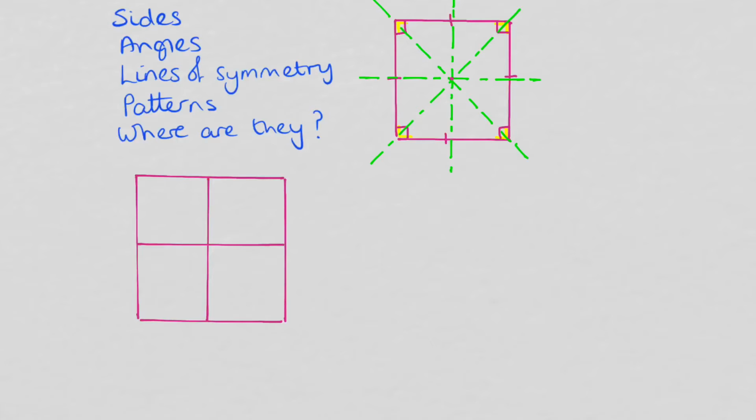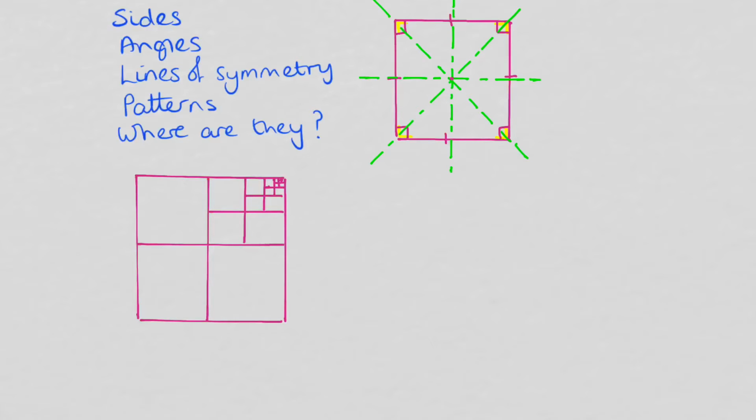Okay, and within each of these squares, if I wanted to, we could split that into another 4 squares. And then within each of those squares, we could split that into 4 squares. And we could keep going with that as long as we can still fit the lines in the top right hand corner. So we can see here we're getting a little pattern built up.